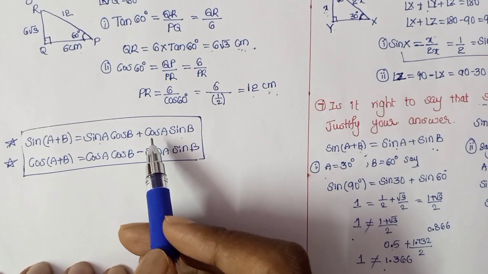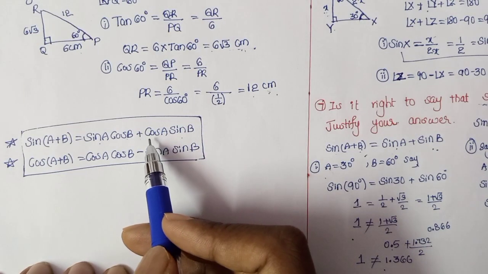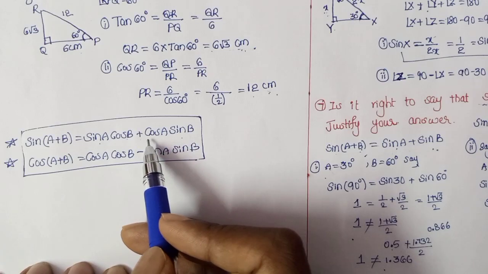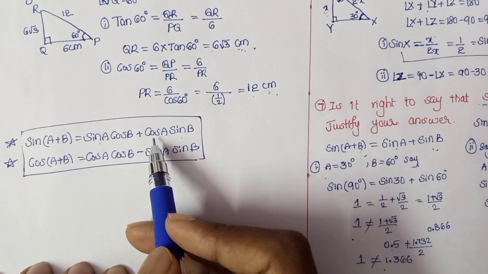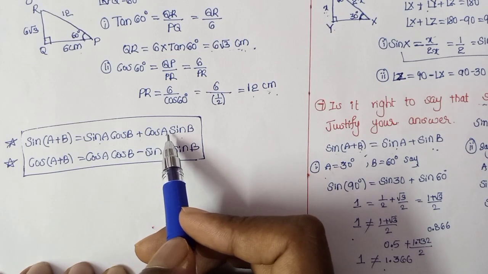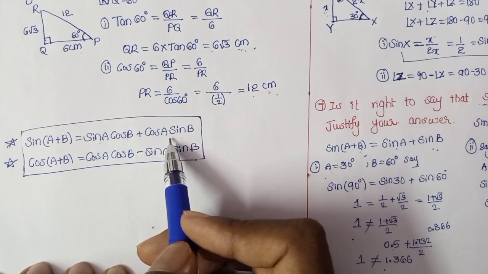If you want to eliminate the term cos A, what is the value for which cos A can be eliminated?